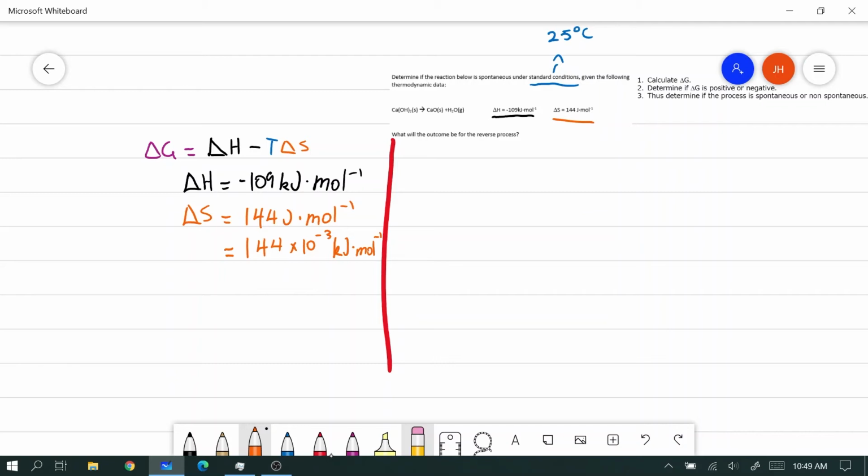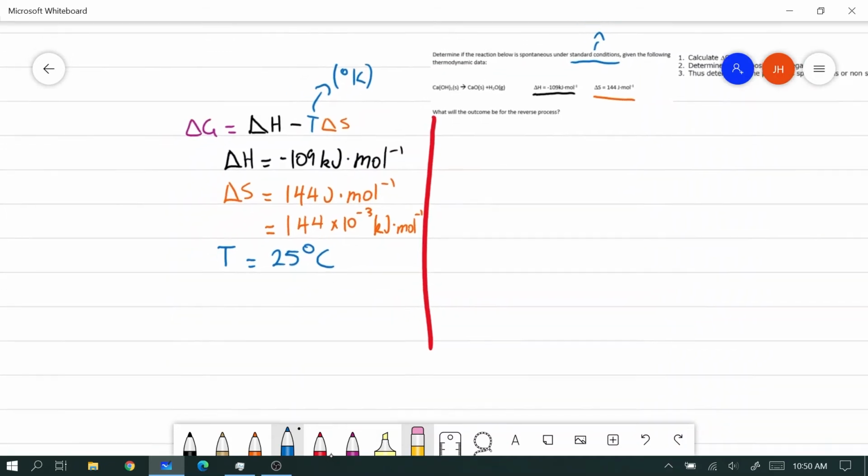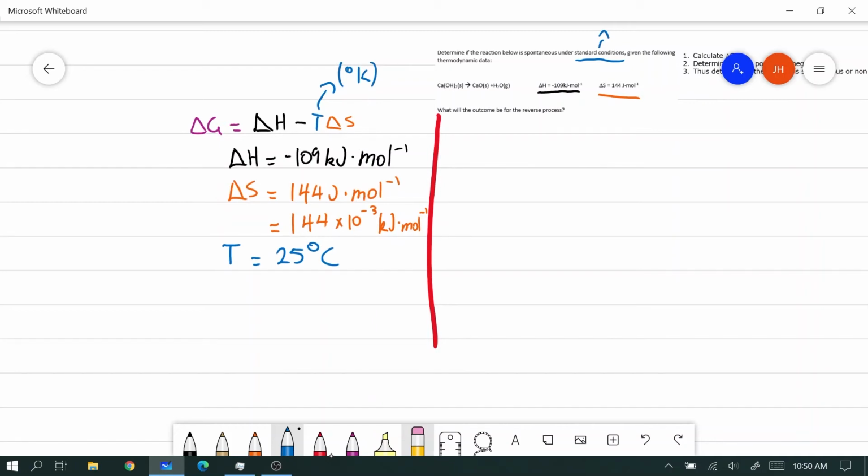And we also have our temperature, which is 25 degrees Celsius. But here's the rub. When we're using a Gibbs free energy equation, T always has to be in degrees Kelvin. So degrees Kelvin will be a different measurement from degrees Celsius, but we can do a simple conversion to be able to go between them. If we do substitute in a value that is in degrees Celsius, we're actually going to end up getting the incorrect answer.